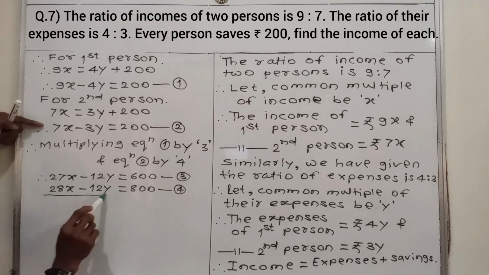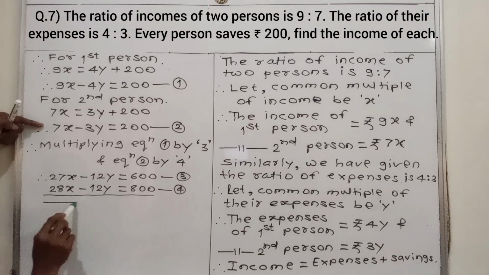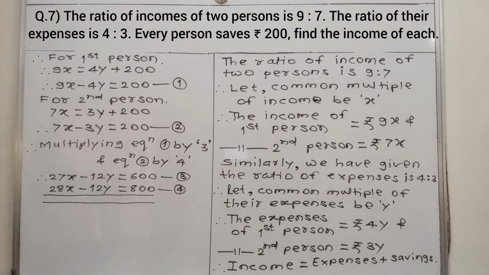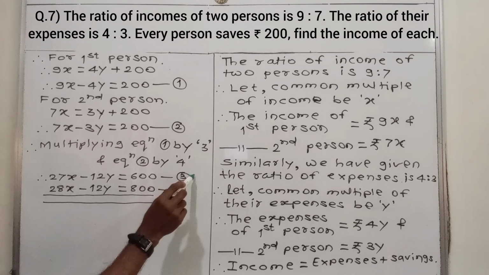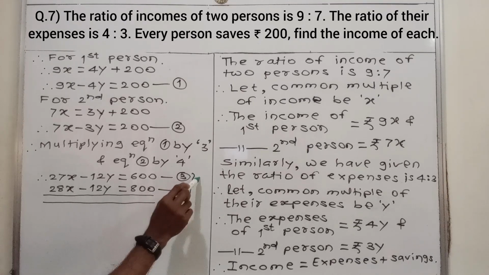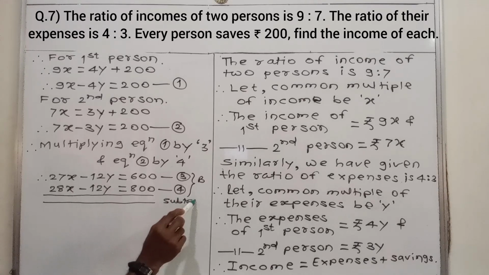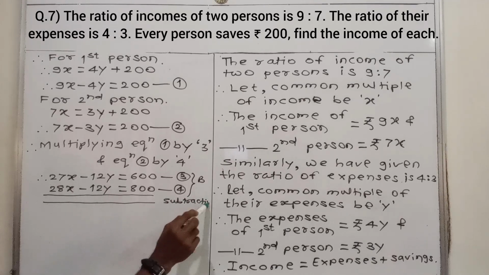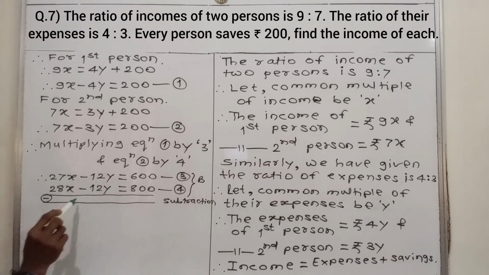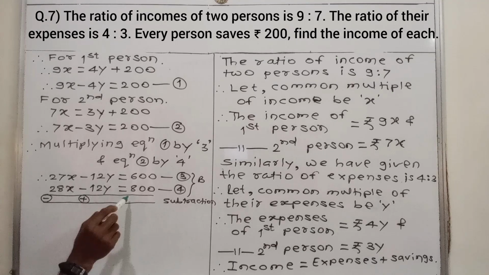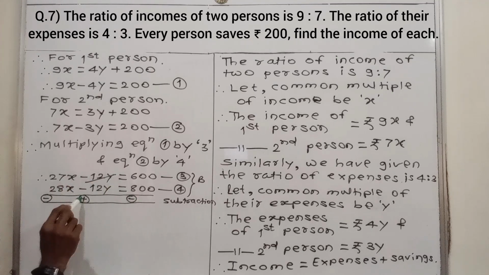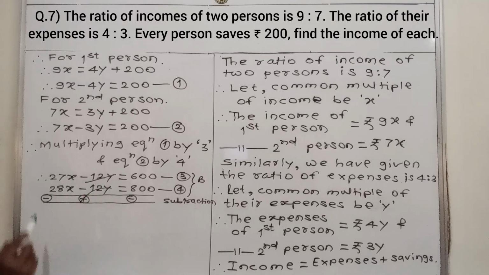Now here coefficients are equal and signs are same. So by subtraction, did you get it? Minus 12y plus 12y cancel.